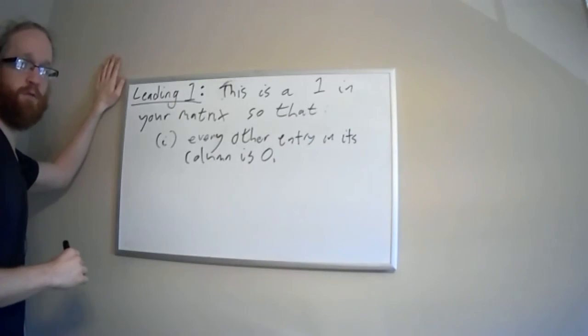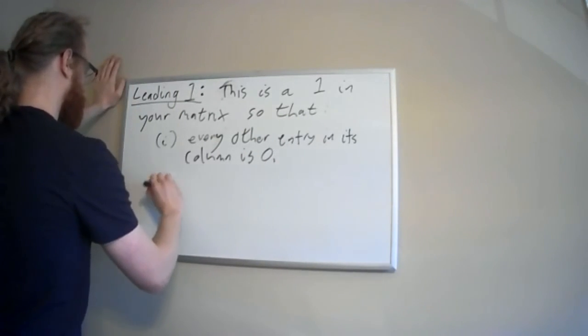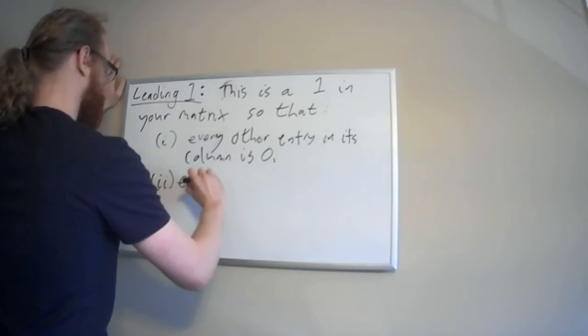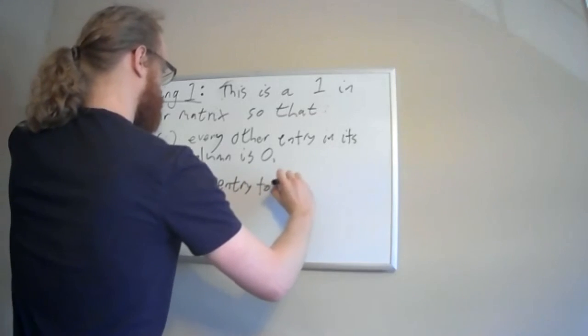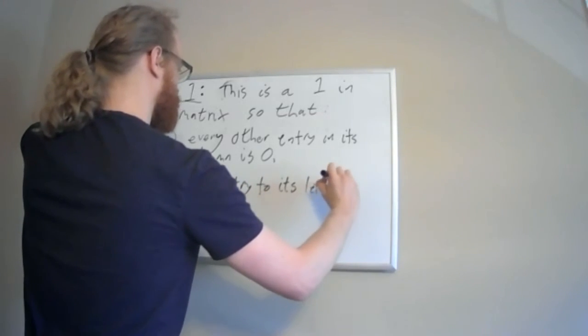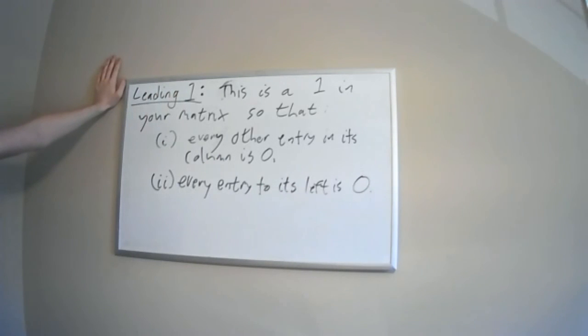So it's the only non-zero thing in its column vertically. And then every entry to its left is also 0. Okay. So this is a leading one. Every other thing in its column is 0. Everything to the left of it is also 0.